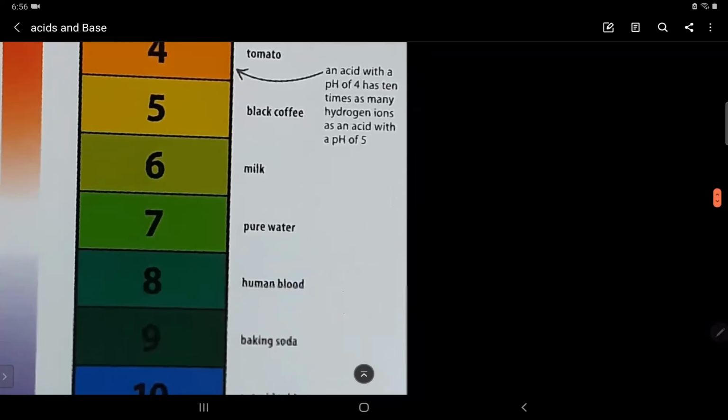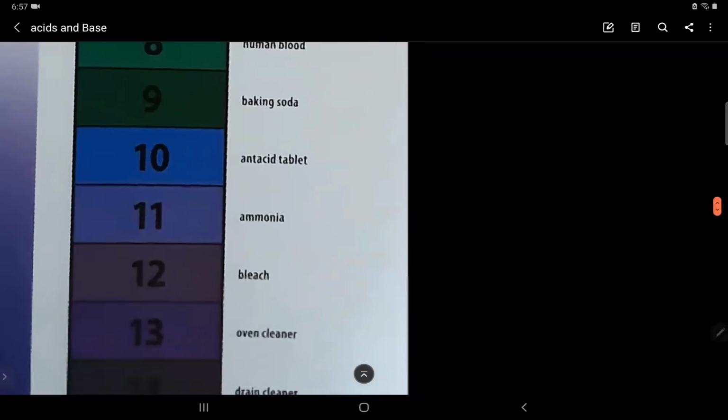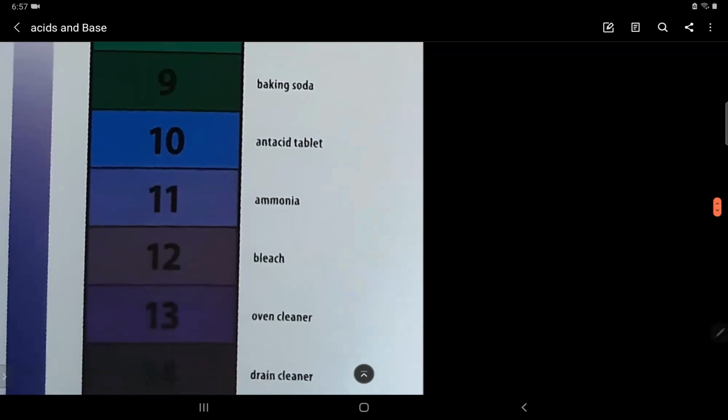Now we are going to the bases. The seventh is pure water. As you can see, the colors here are cooling down, which means they're coming to cool colors, we get the bases. So the eighth one is human blood. The ninth one is baking soda. The 10th one is antacid tablets. The 11th one is ammonia.